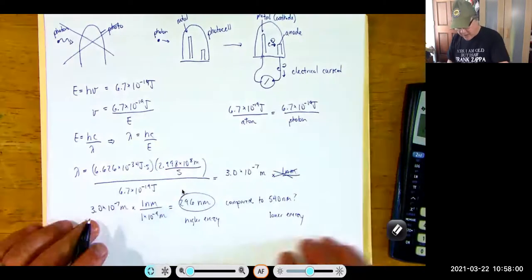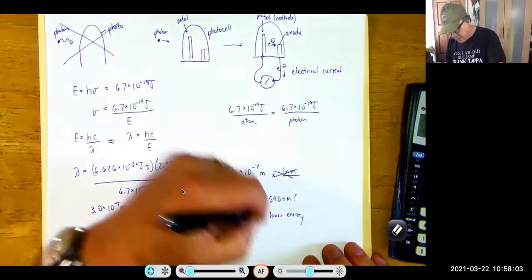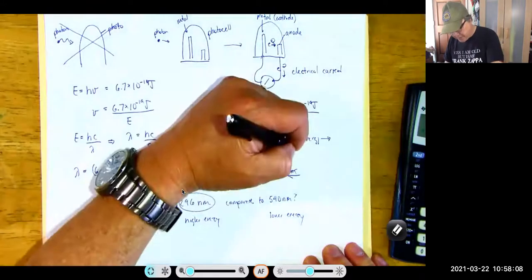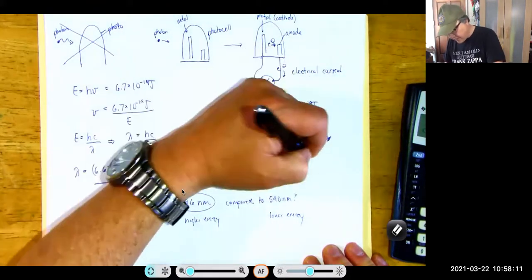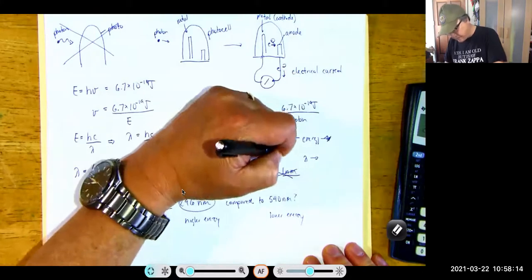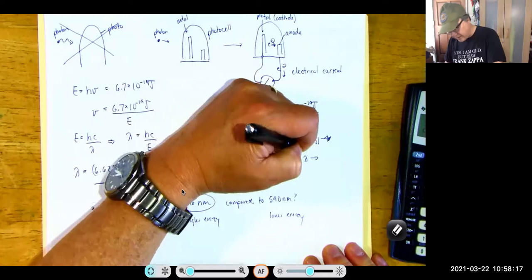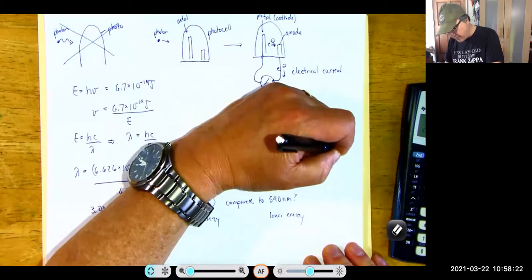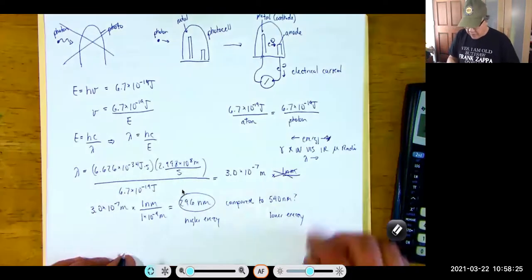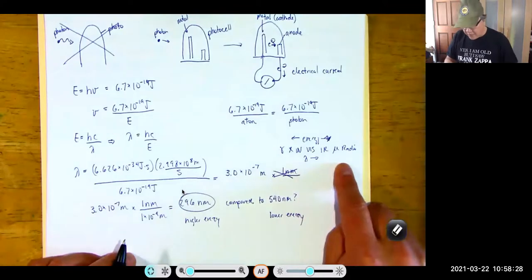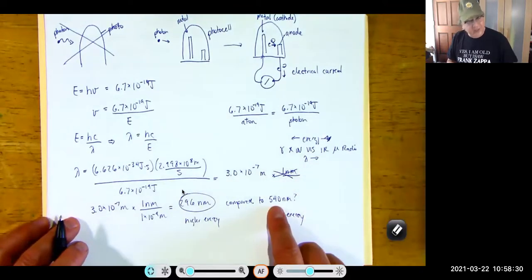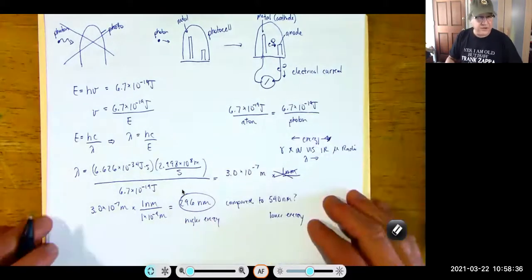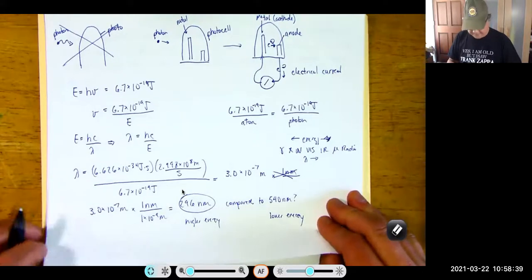Because if we look at that electromagnetic spectrum, with wavelength going this way, we've got gamma, X-rays, ultraviolet, visible, infrared, microwaves, and radio waves. So when you start increasing the wavelength, you get less energy. So here, this is a higher wavelength, so it's less energy than this. So yeah, that should be enough energy to turn your photocell on.